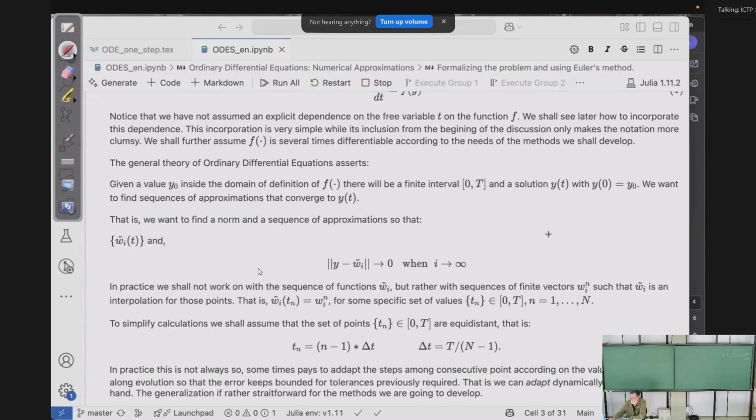If you have a point P, you can find a neighborhood U_P of that, and an interval on the real line, C dot T, say, so that there is a solution, and a solution is a function from here to here, y. And we know because of the theorem that the solution exists through this point.